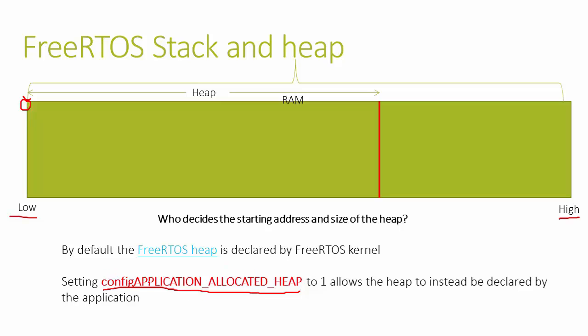You can set this configuration item to 1, which allows the heap to instead be declared by the application. By default, this configuration item is set to 0. But if you set it to 1, then you will have the control to decide the starting address of the heap in the RAM.